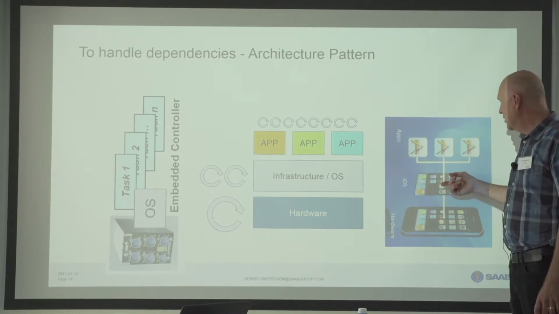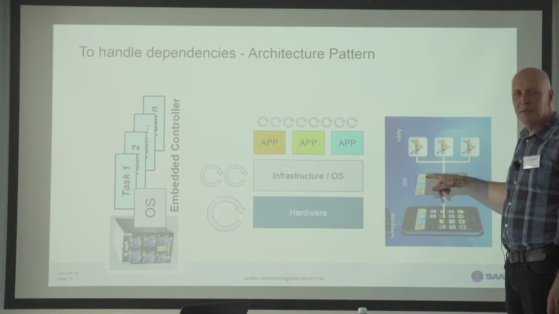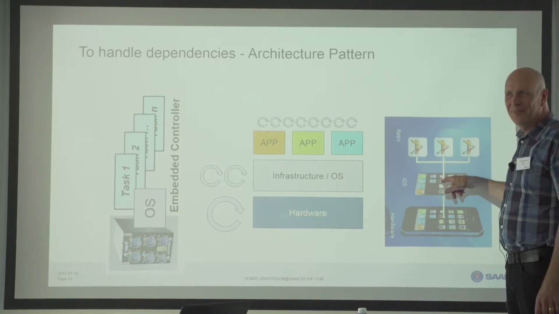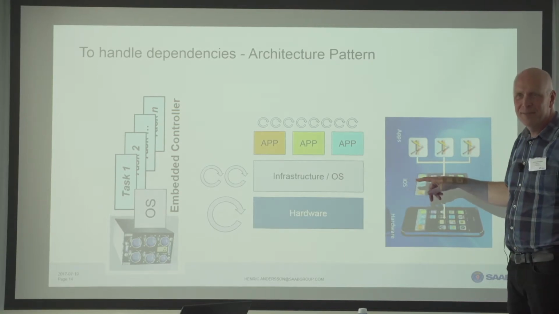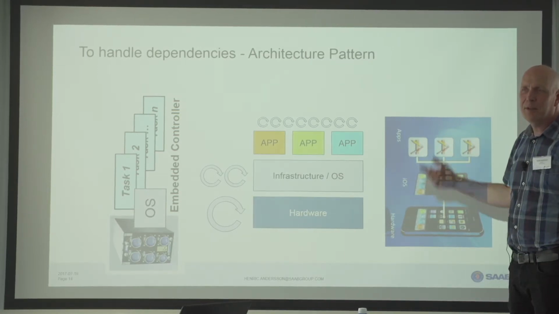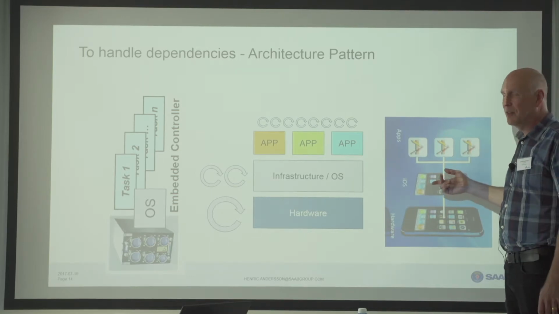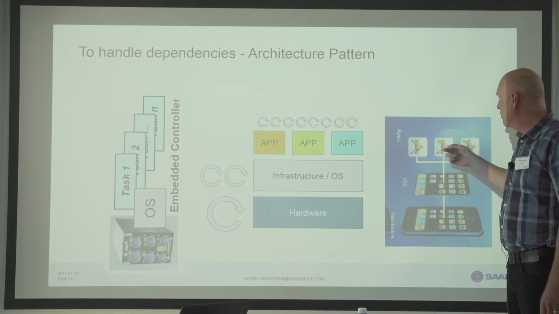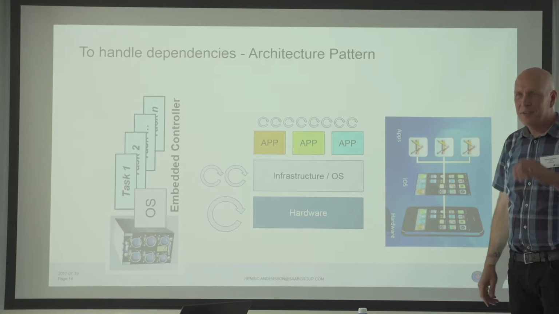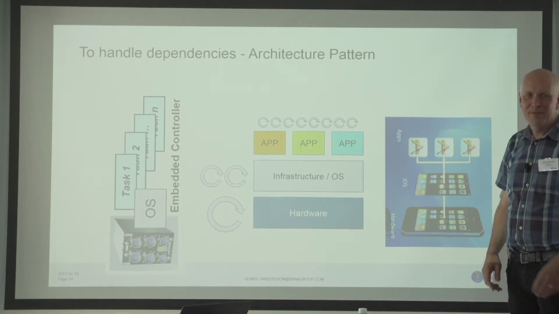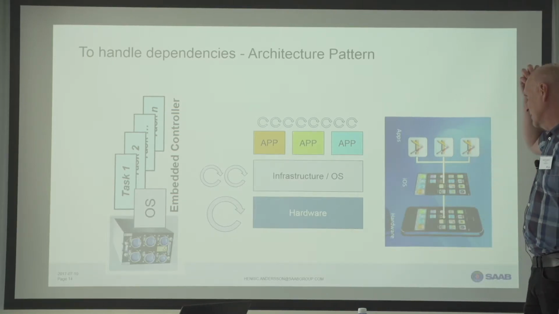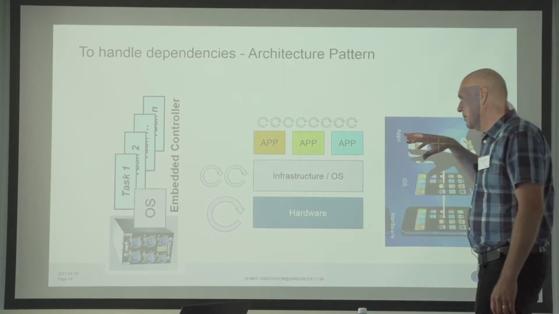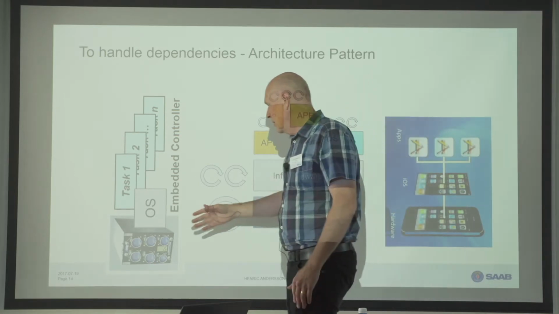How often do you get a new update of your operating system? A couple of times every year, I think. How often do you get updates of your applications? Weekly. Yeah.